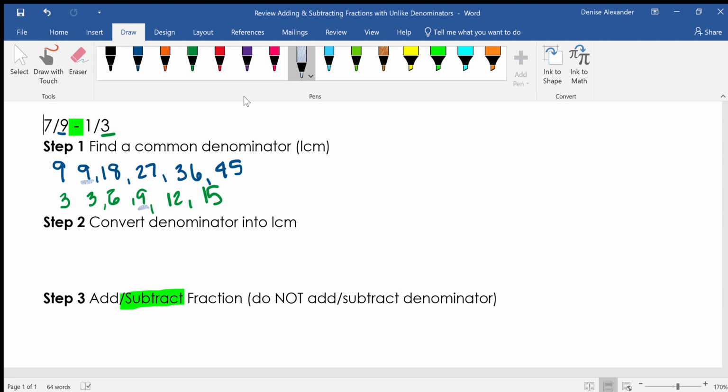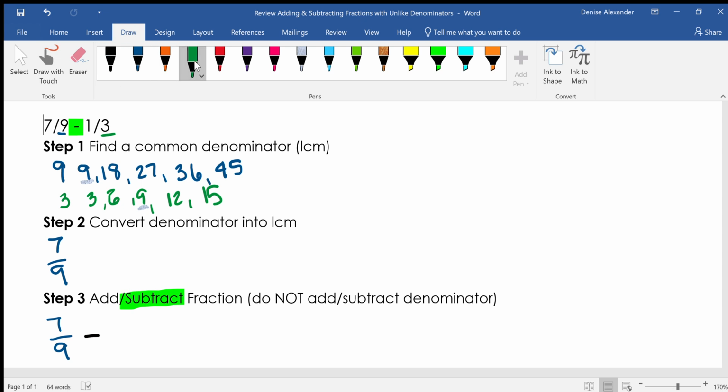So now I'm going to convert my fractions into my least common multiple. So 7/9. Oh, 9 is my denominator, so I don't have to touch this one. This one stays. So now I'm going to subtract.